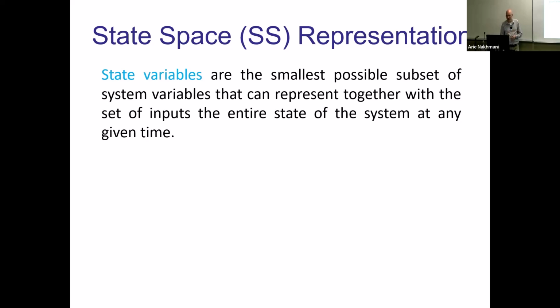A state variable is the smallest subset of variables that describes the entire system at a particular time t. Which means you can find all kinds of voltages, currents, forces, whatever you can measure or see, or sometimes cannot measure. And these are variables which are describing your entire system.